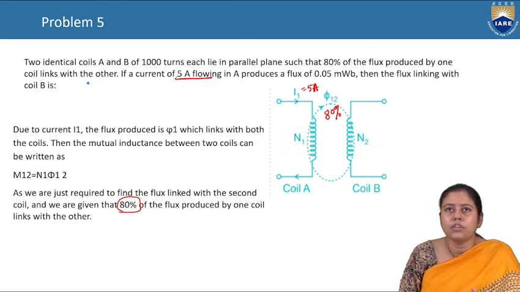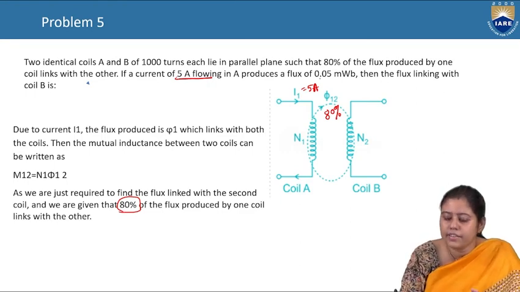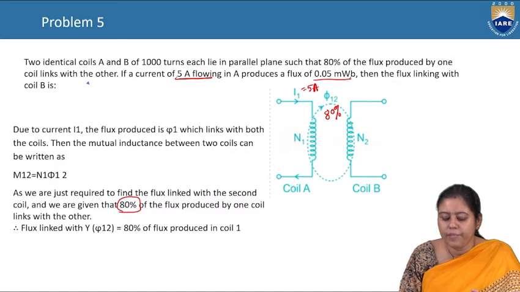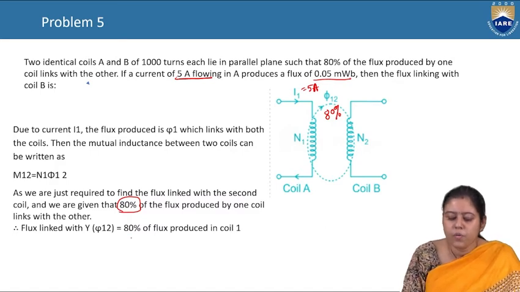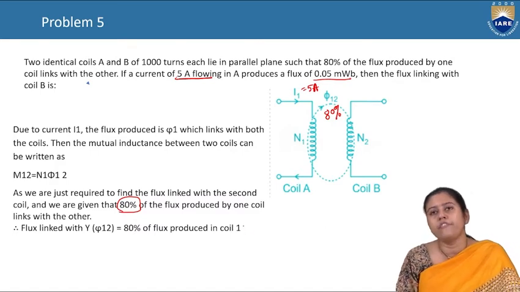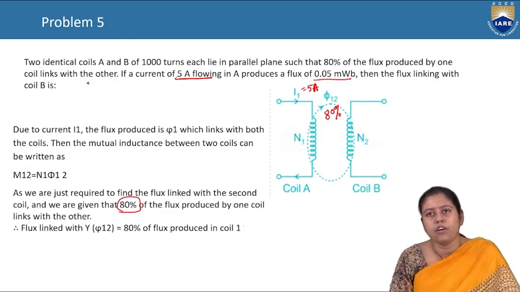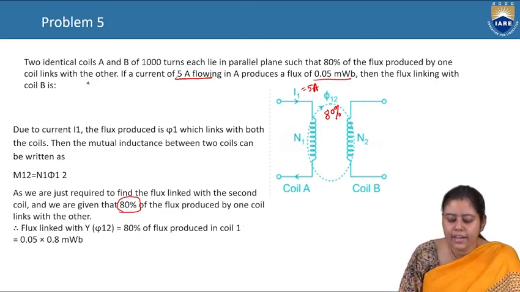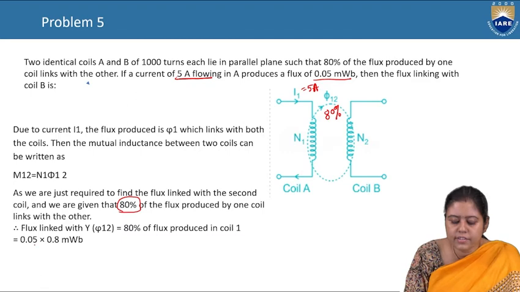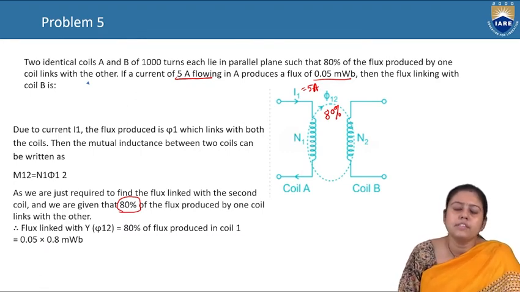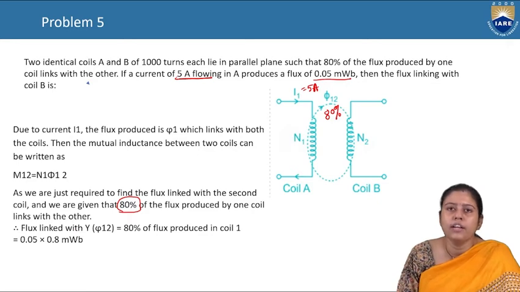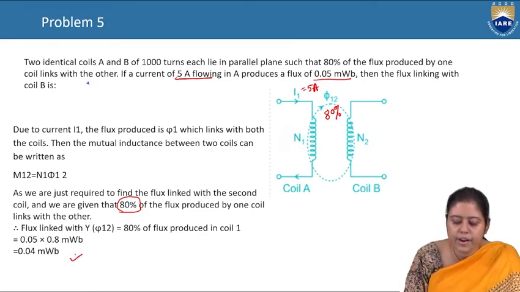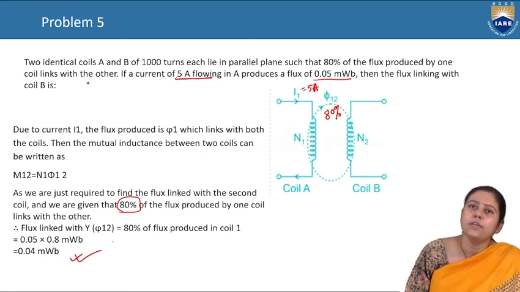So what is the total flux? The total flux is given as 0.05 milliweber. So we take 80% of the flux produced in coil 1: 0.05 milliweber into 0.8, because only 80% flux is linking, and the value comes out as 0.04 milliweber.